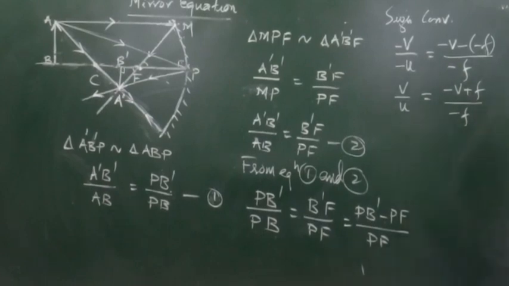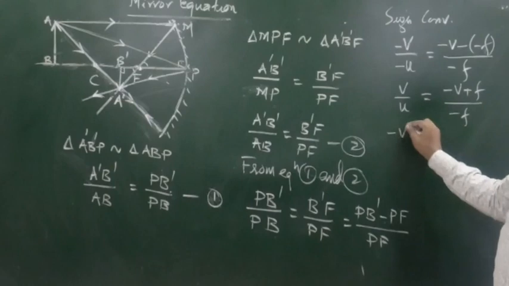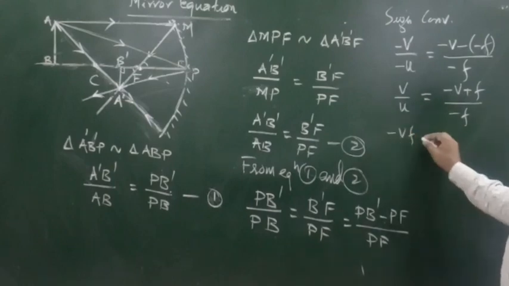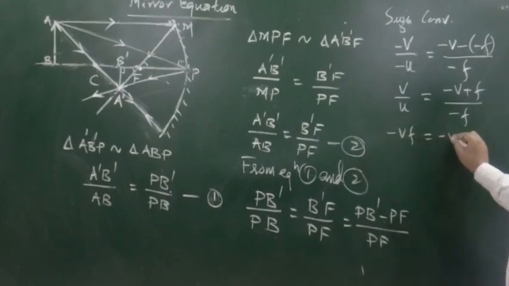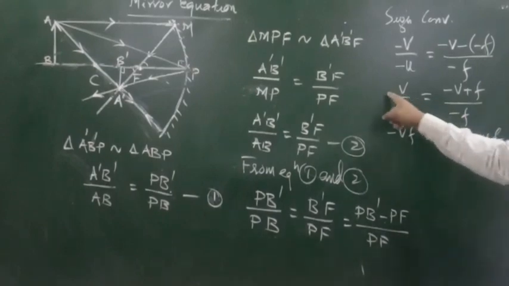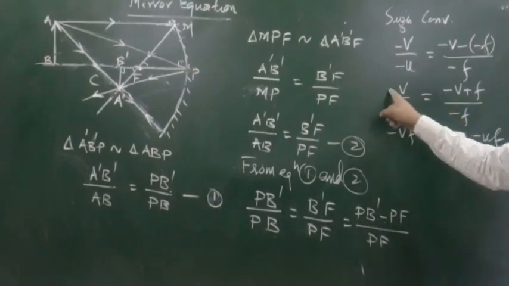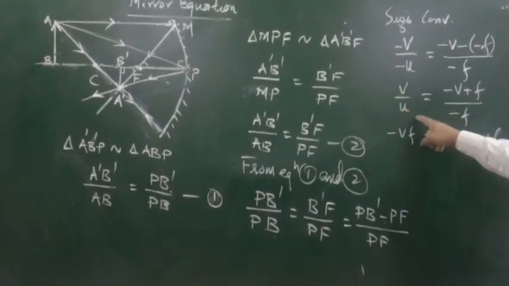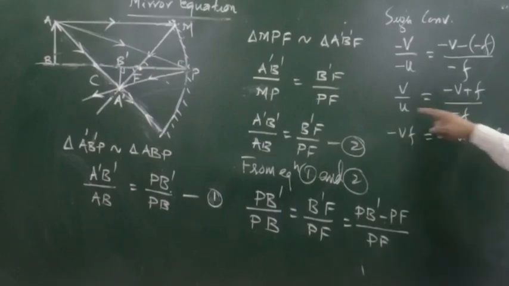If I do cross multiplication, what will we get there? Minus VF minus UV, and it will be plus UF. Are you getting it there?